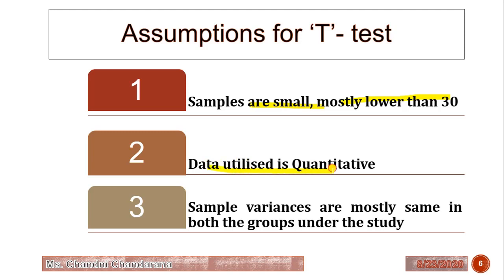Second, data is quantitative. And third, sample variances are mostly the same in both groups under study. That means the variable follows the normal distribution and samples are small. These are the assumptions for the t-test.